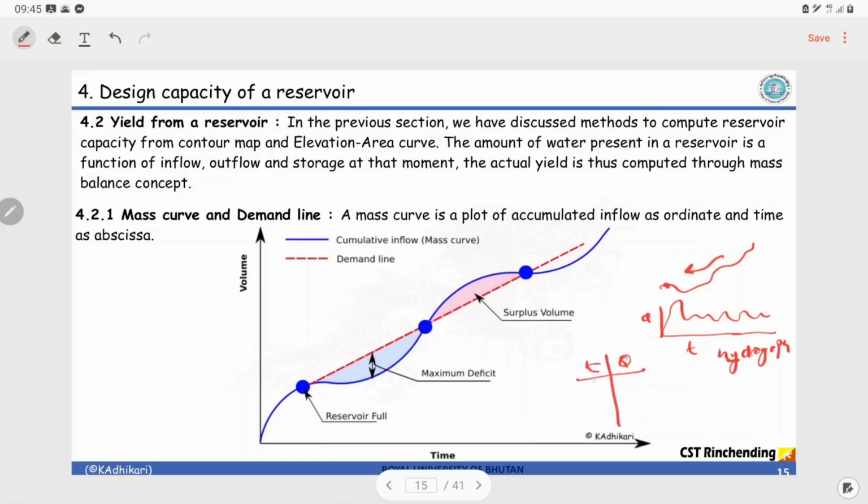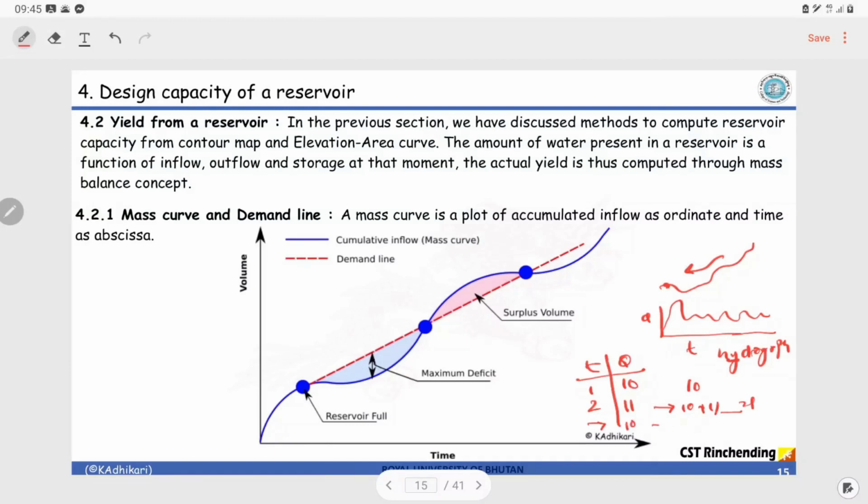Let's say day 1 is 10, and the next day, day 2, is, let's say, 11. So how do you calculate the cumulative? Day 1 is 10. Next day is going to be 10 plus 11. That is 21, right? So 21 plus, let's say, this is again 10.